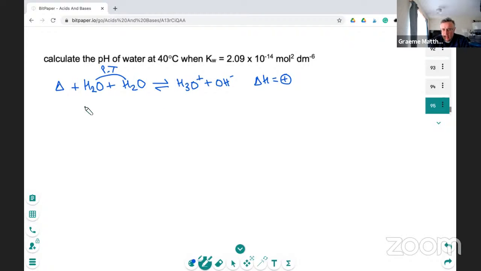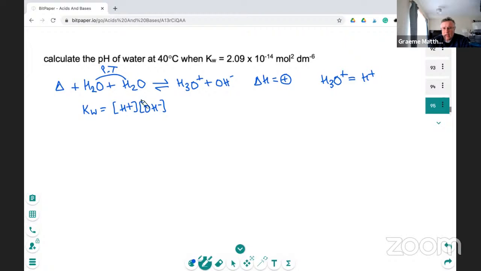So the Kw would be equal to, now I'm just going to write it as H plus times OH minus like this, because this is how you normally see it in the textbook. Now, I said calculate the pH of water.